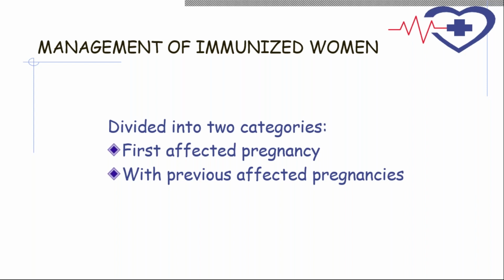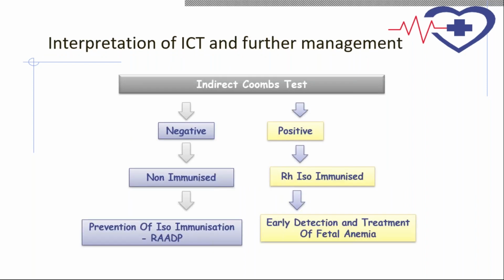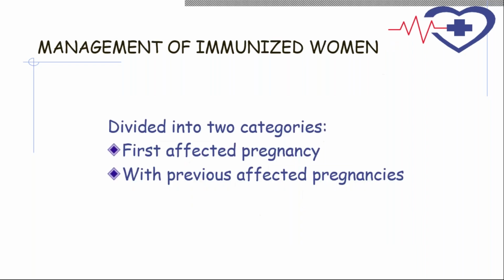And previous affected, Dr. Soumya had already told you, is when in the previous baby there was either severe anemia or jaundice or stillbirth or hydrops, or the woman is carrying her records and there was ICT positive. So those will be previous affected pregnancy. First we will discuss the management of first affected pregnancy, which you have been monitoring with ICT.